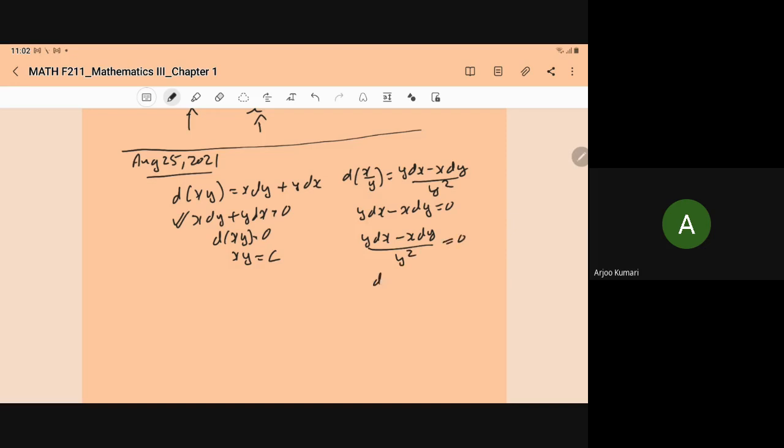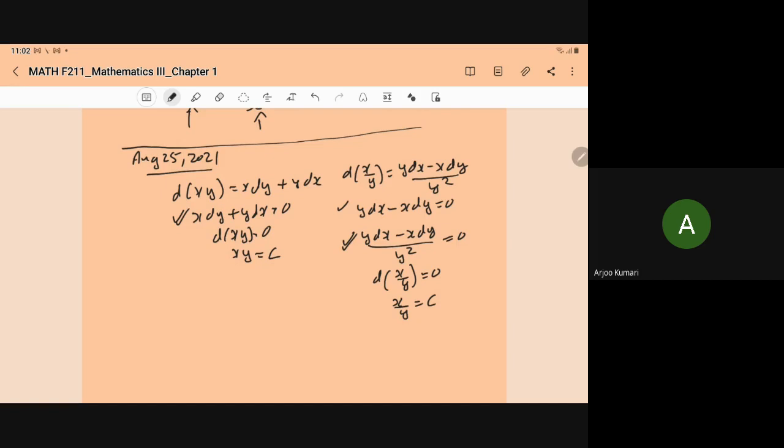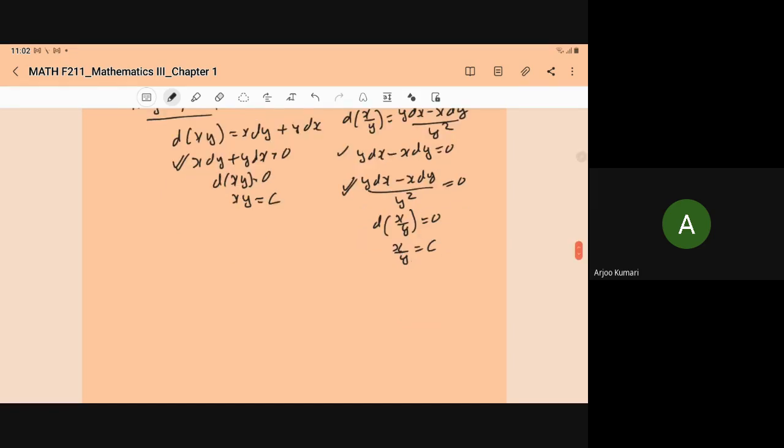The left hand side can be written as d of x upon y is equal to 0, or it will become x upon y is equal to c. So this means this equation is exactly integrable. This type of equation is known as the exact equation, which is exactly integrable.